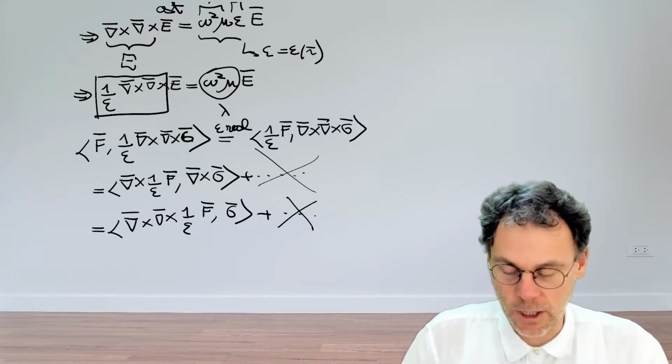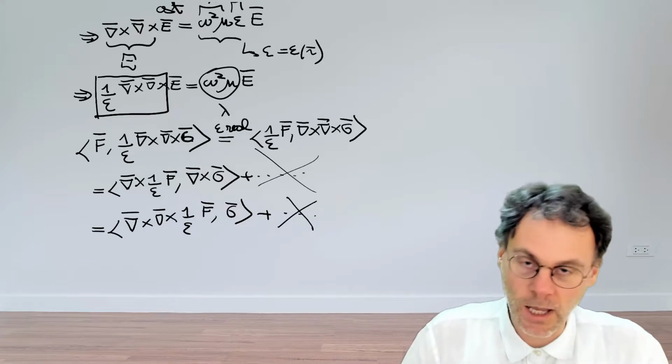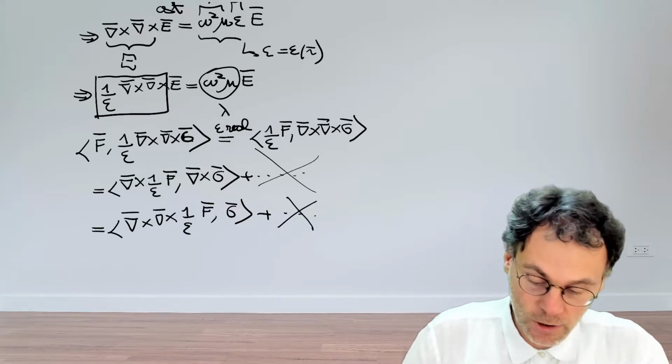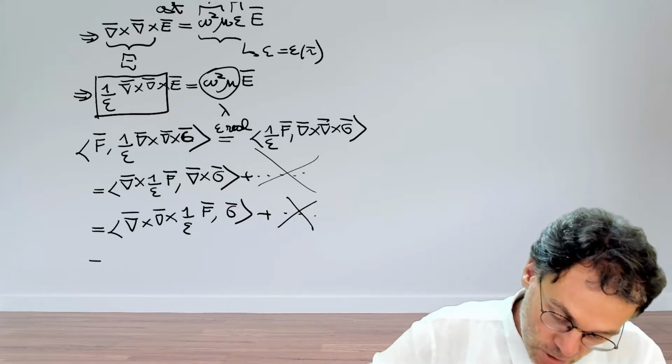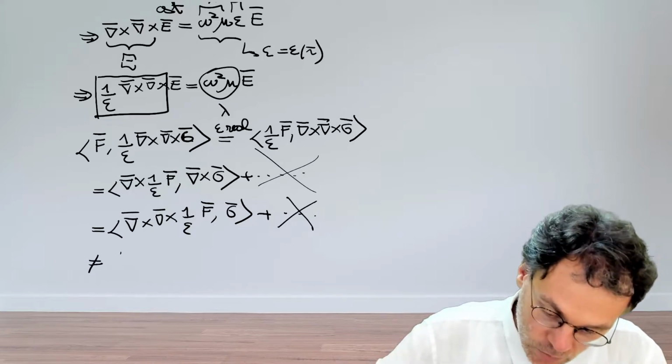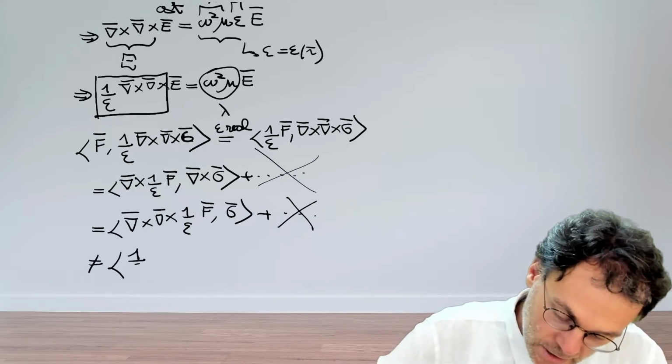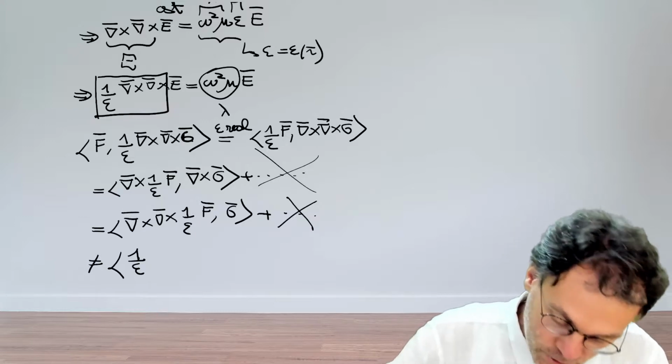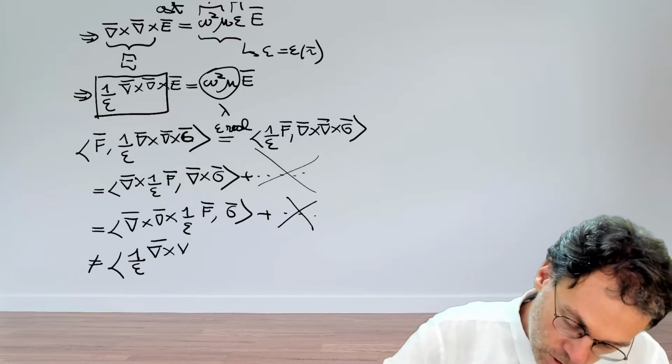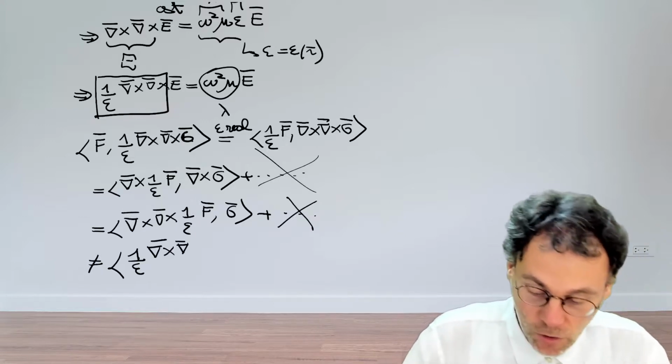And the question is, are we now able to say whether this is a Hermitian operator or not? Well, we can conclude that this is not a Hermitian operator, because what we would rather have is 1 over epsilon curl curl rather than having curl curl 1 over epsilon.